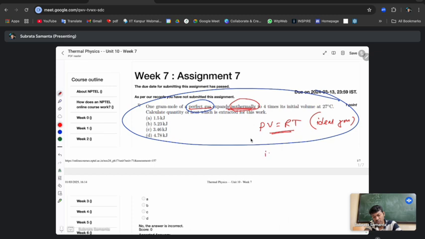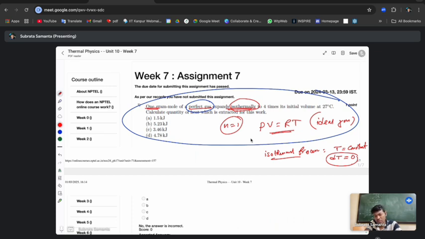An isothermal process means the temperature T equals constant, and the change in temperature dT equals 0. Since it is 1 gram mole, N equals 1, so PV equals RT, the equation of state.